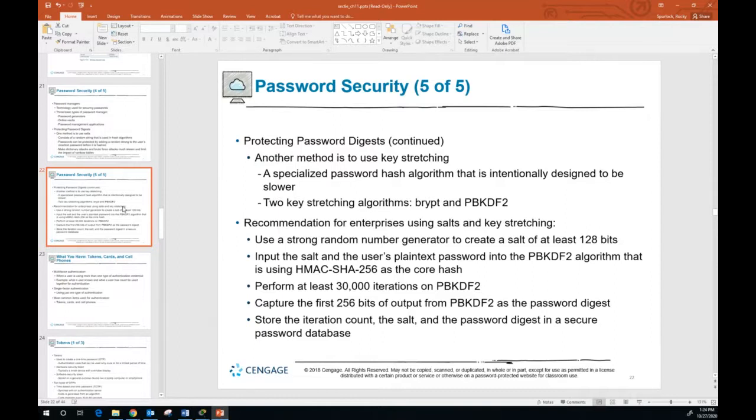So once you hash this, it's going to perform at least 30,000 iterations on the PBKDF2. The first 256 bits of the output are going to be the password digest. I'm also going to store the iteration count, the salt, and password digest in a secure password database.